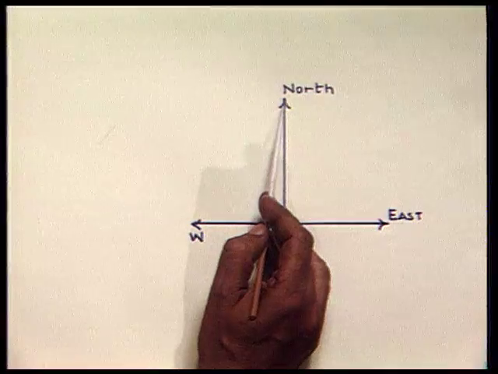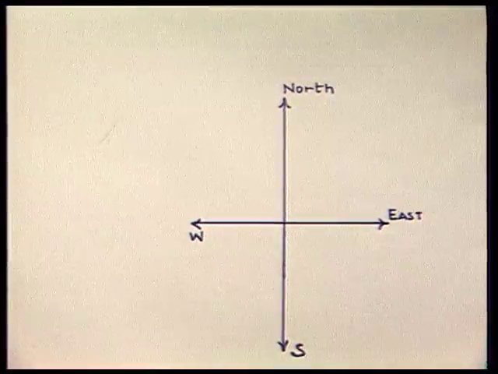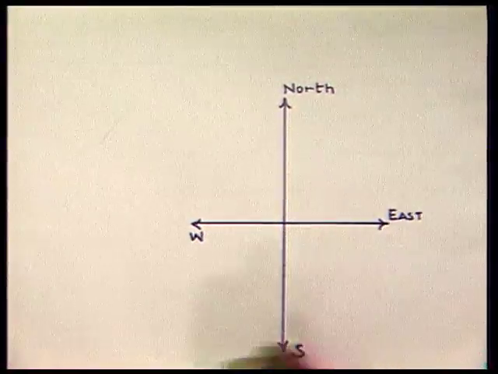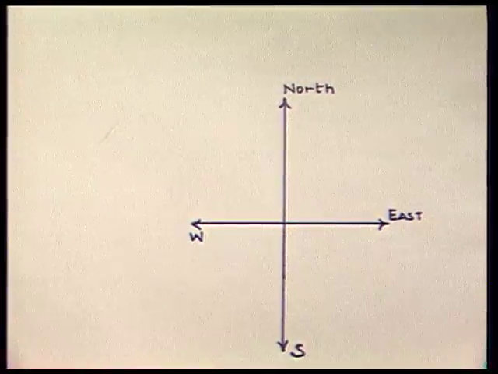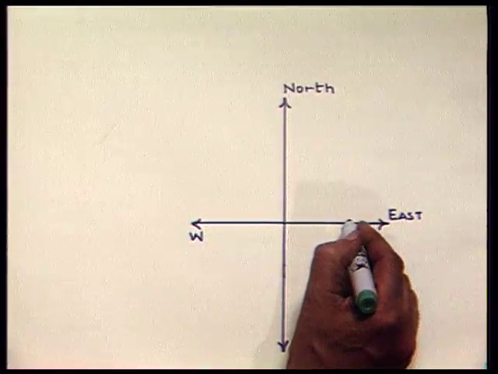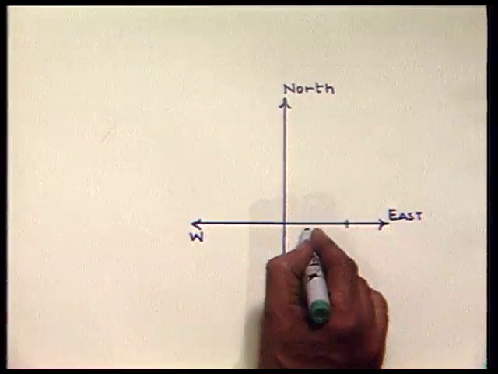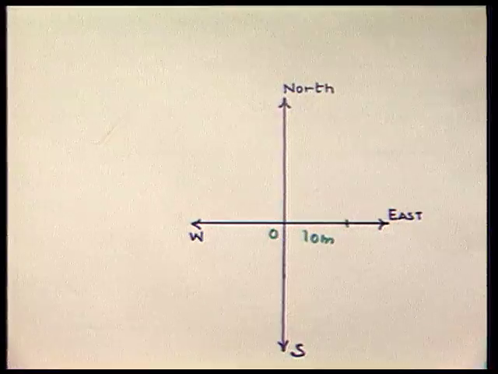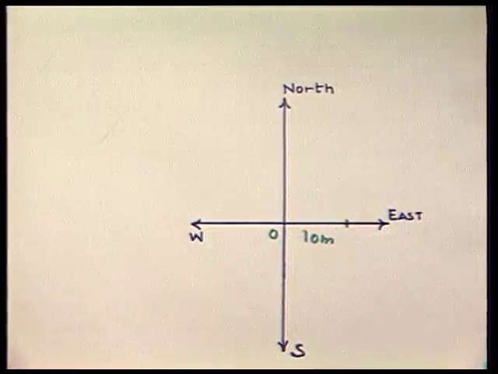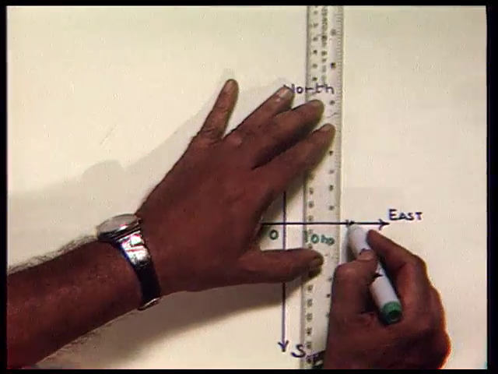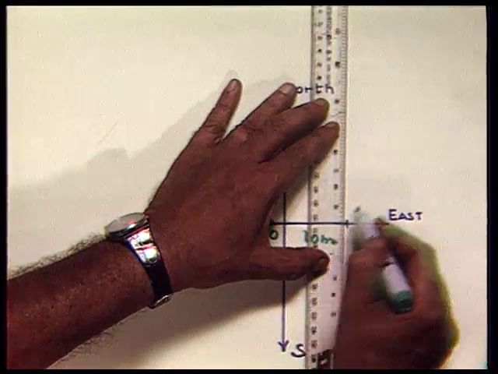Since the directions are given, upwards pointing north and sidewards pointing east, the man first went 10 meters due east from O, and then he moved a distance of 30 meters due north, in the upward direction.